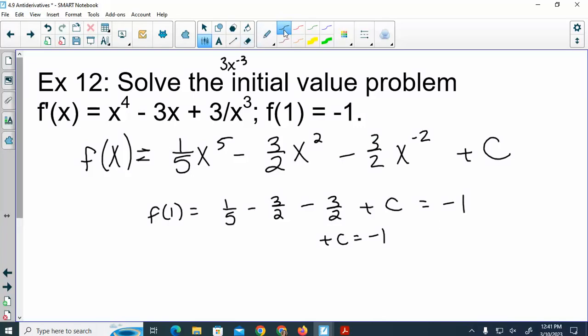Wait, no, that's actually not what I got. Negative 14 is plus c. Right. So this is negative 14. Negative 3/2 minus 3/2 is negative 6 over 2, which is negative 3. So that would be like 15/5. So 1 minus 15 is negative 14/5. So if we add that over, this is negative 5 over 5 plus 14 over 5 is 9 over 5.